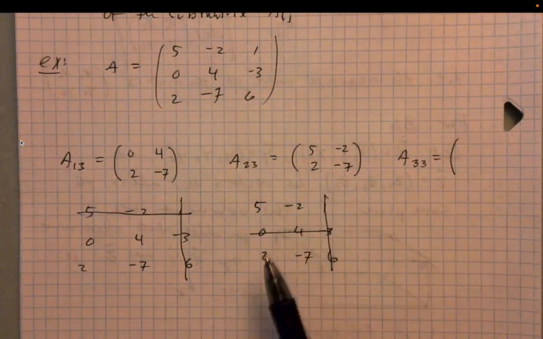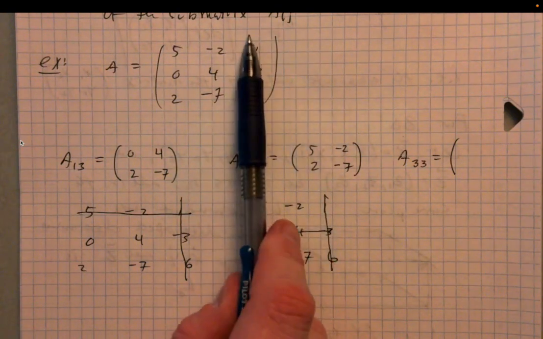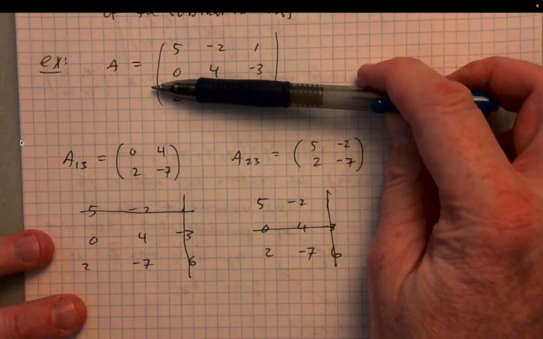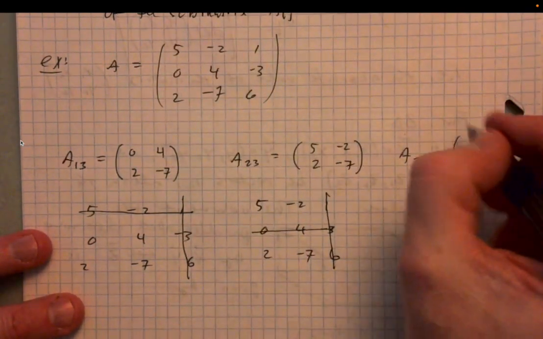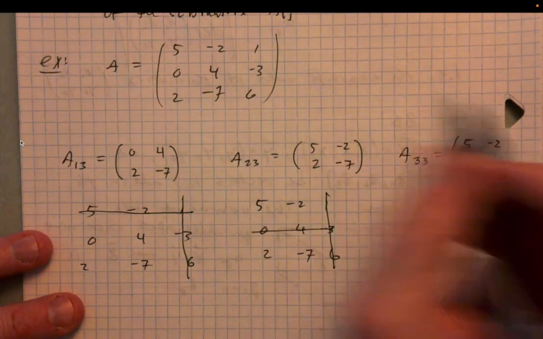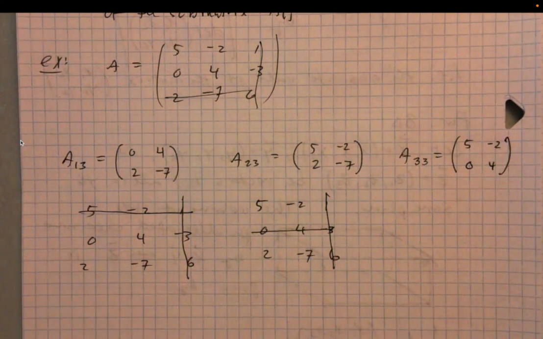Eventually you want to be able to do this without having to rewrite the matrix each time, so you can just imagine that column gone and that row gone, right? So the A33 submatrix is 5, -2, 0, 4. Again, just imagining those two out of the picture. And that is what we mean by the submatrix.